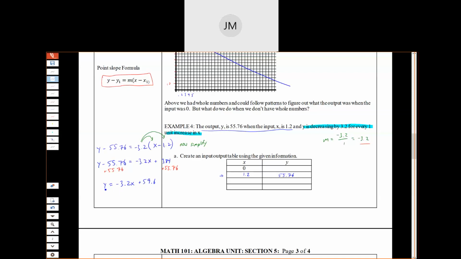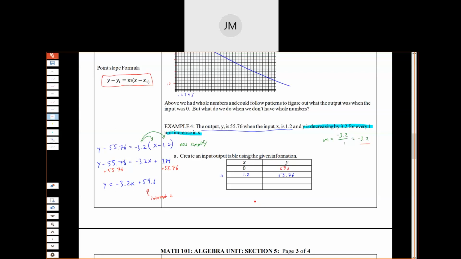Now you notice that I have this in the form y equals mx plus b, so this 59.6 must be the intercept b. So when I'm asked, when x is 0, what's y? That's what my intercept is, so it must be 59.6.